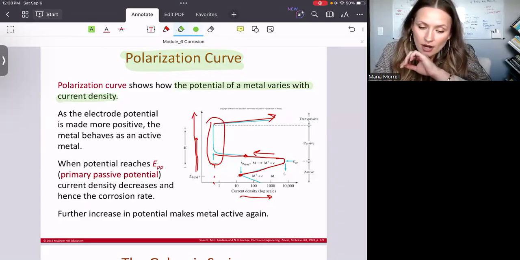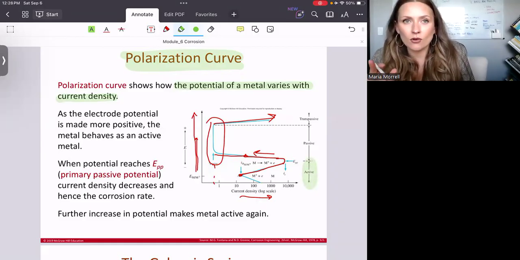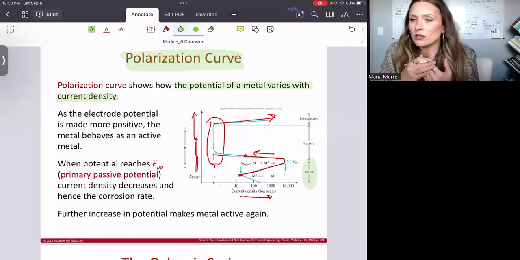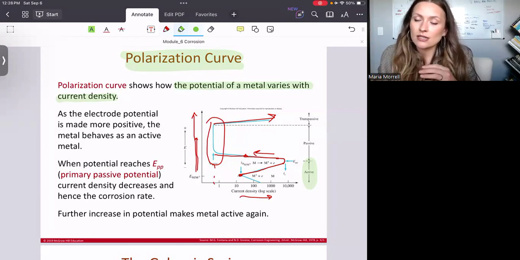Almost all metals have this active region, meaning that if you create a highly corrosive environment, then the material corrodes, the current density increases, and corrosion accelerates.